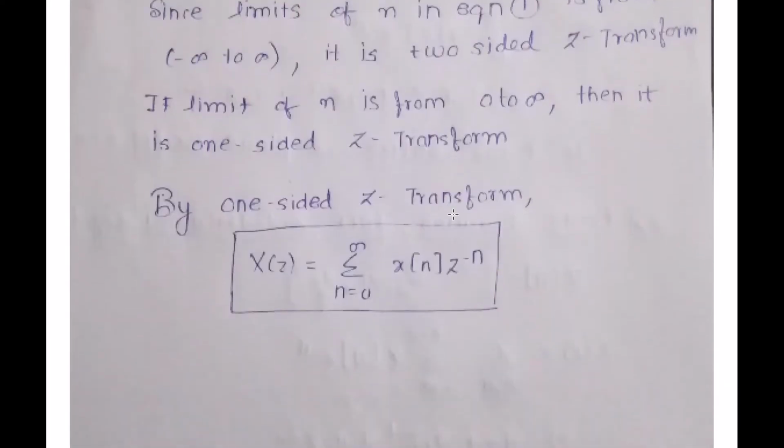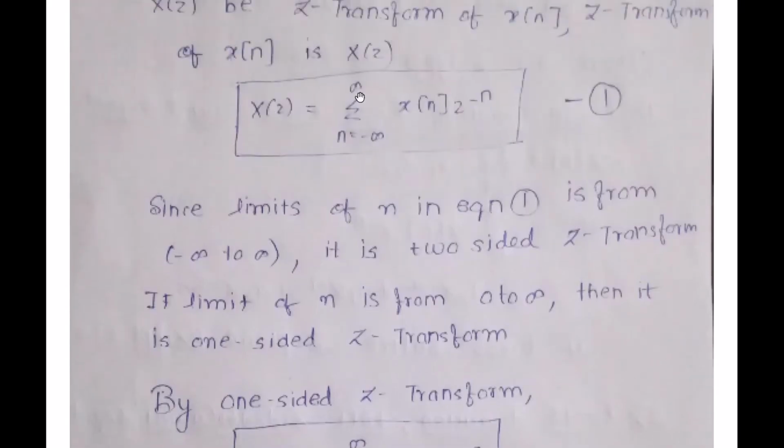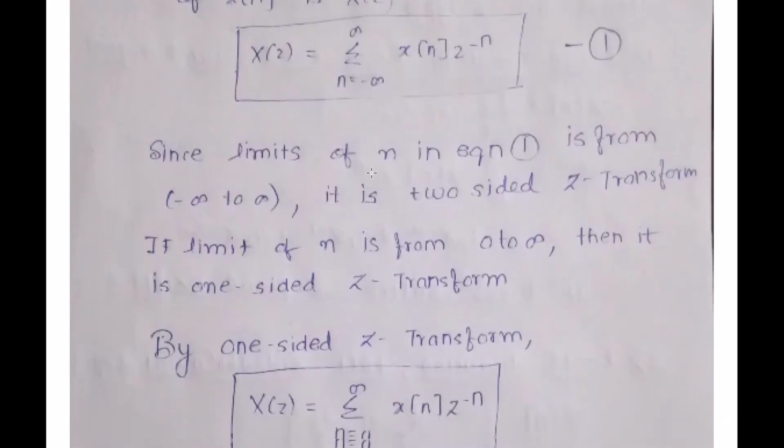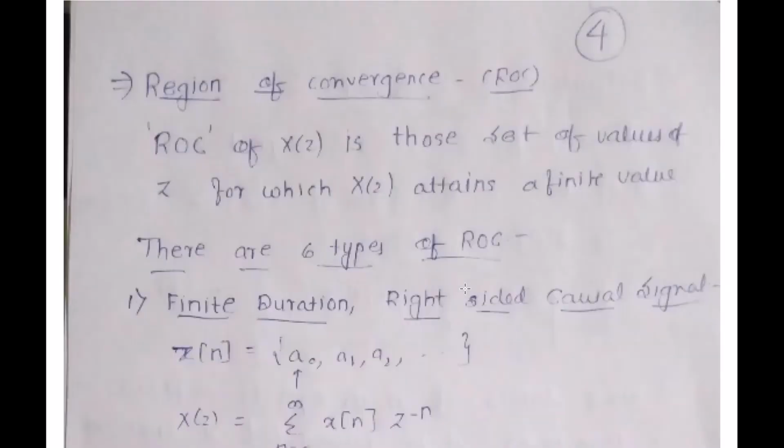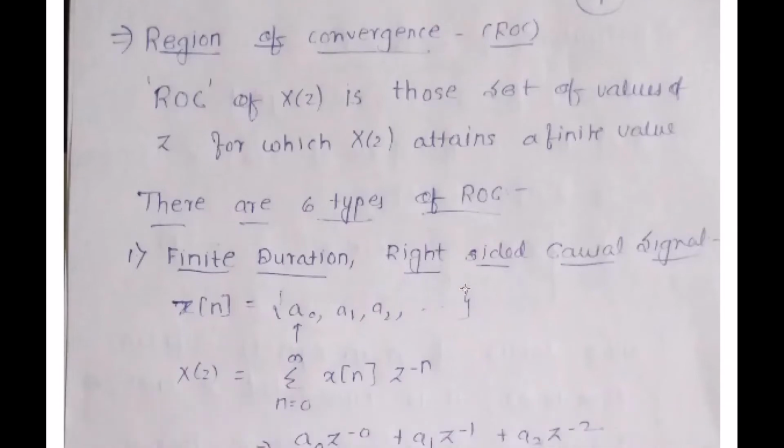Now, if I just consider the one-sided transform, which means from 0 to infinity, like we had from minus infinity to infinity, then the one-sided transform goes from 0 to infinity of x of n z raised to minus n. I hope that is clear to you.